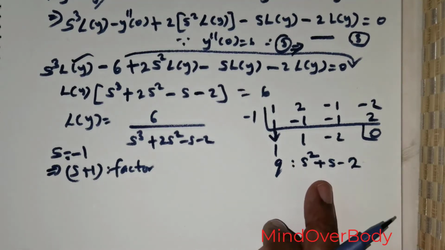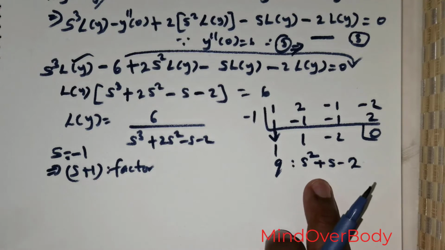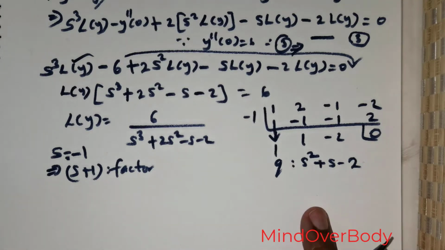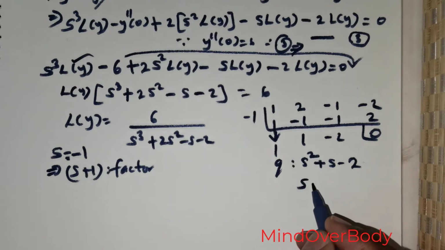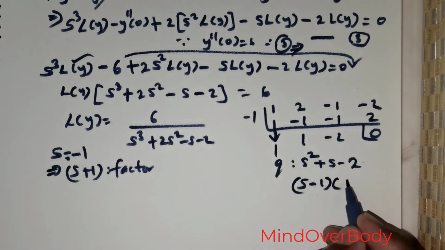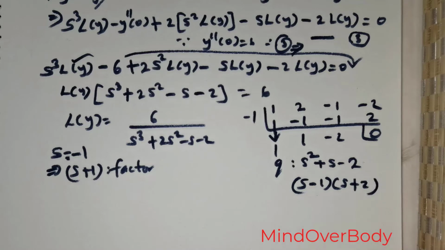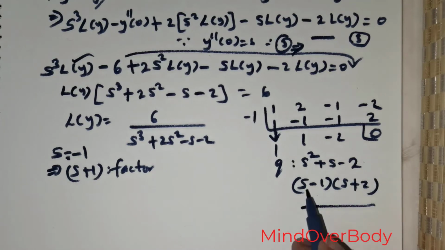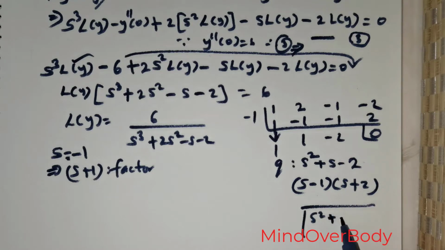Of course, you can further factorize this. I can use the technique of factorization and rewrite this as s minus 1 times s plus 2. You can check this out. s into s gives s squared, s into 2 gives 2s, s into negative 1 gives negative s, and negative 1 into 2 gives negative 2.